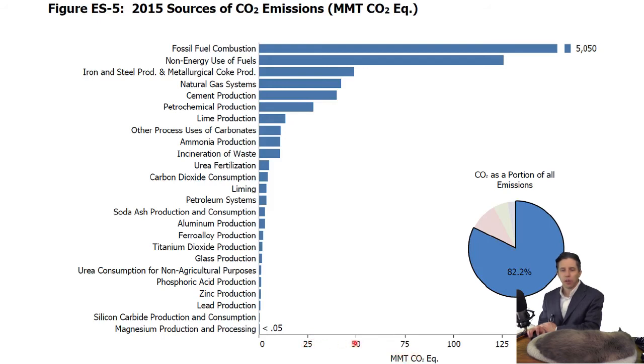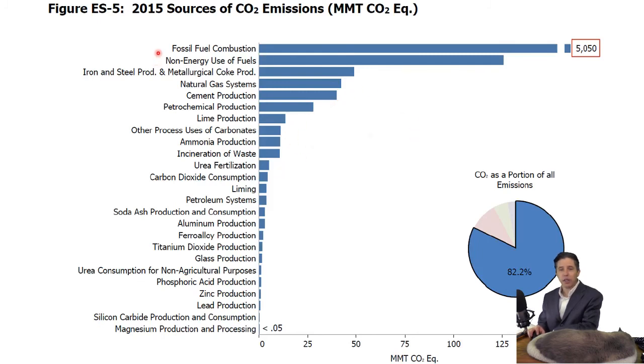So 25, 50, 75, but this very first one is so long, it would be off the page through the next several pages, and it would end over here at 5,000. So what they did is they put a little dash right here to show that this is not continuous. That the rest of these bars, this is 150, that's the scale. So this moves on for a dozen pages later if this was all to scale. Okay, so that number right there, that 5,050, is so much larger than all of these.